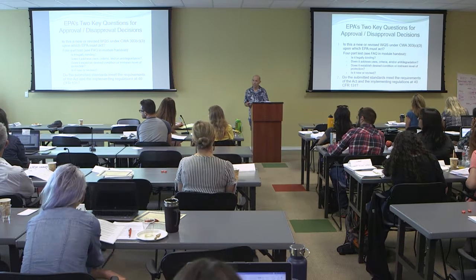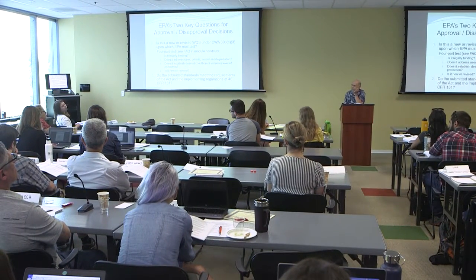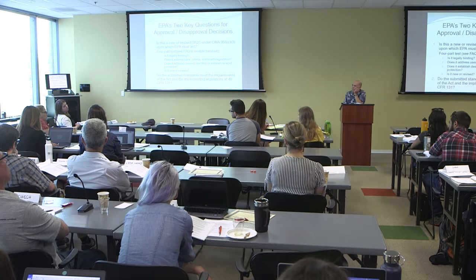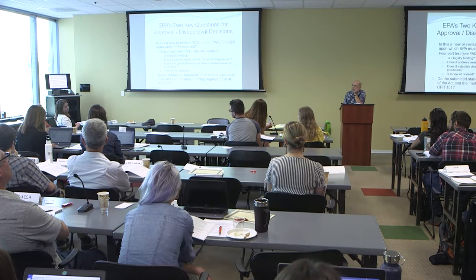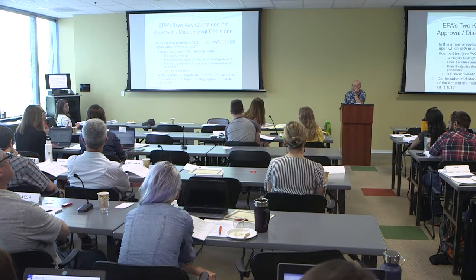If state criteria is more stringent than EPA recommended, for example, if we take aluminum, sorry if I'm pronouncing it wrong, aluminium? Yeah. Fine. Then what is required? Negotiation with the EPA?